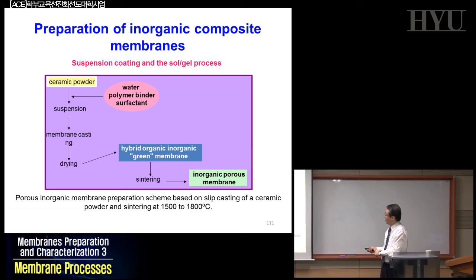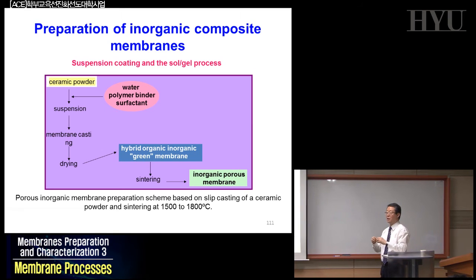This slide generally describes sol-gel chemistry. When you have a ceramic powder, you can add water, binder and surfactants, just like suspension polymerization cases, and you make a suspension, meaning that it's like wheat flour suspension, like a flour batter.